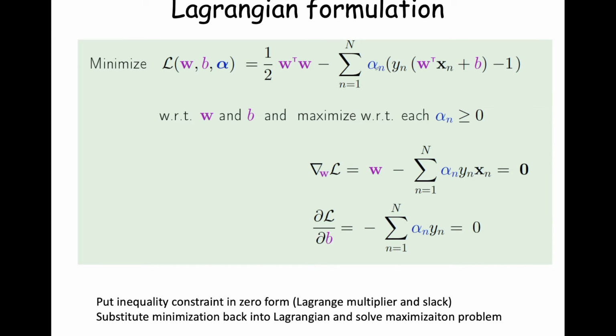Now, we included with that the slack associated with each one of the data points from our sample, and this yn times the quantity W transpose xn plus b, minus 1, that was what we called the slack. And that slack is equal to 0 for points that are on the margin, or those points that are nearest to the hyperplane.